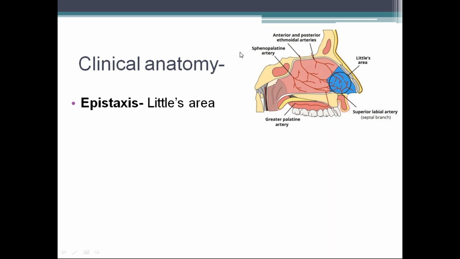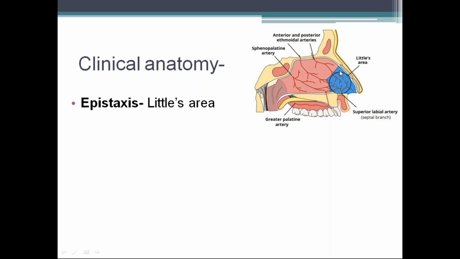Okay. So you know epistaxis is bleeding from the nose, that is mainly due to nose picking, or sometimes in case of hypertension after 60 years. If the patient has high BP, suddenly they may go for arterial bleeding.